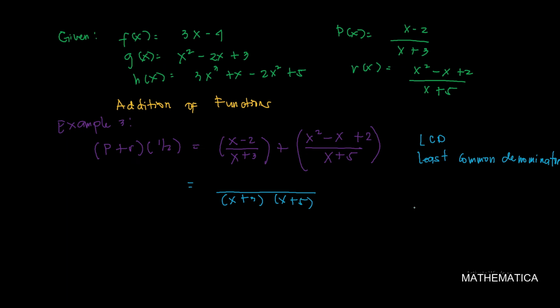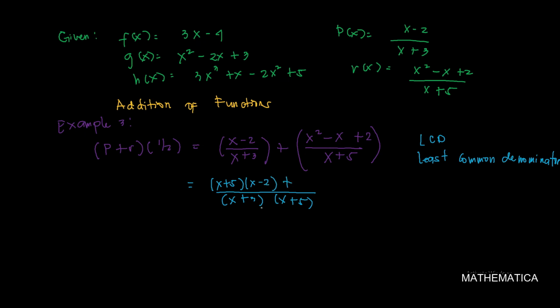Next, we just need to divide our LCD by our given. So, x plus 3 and x plus 5 divided by x plus 3. Makakancel ngayon si x plus 3, matitira si x plus 5. Then, multiply it by the numerator. So, we're gonna have x plus 5 multiplied by x minus 2.